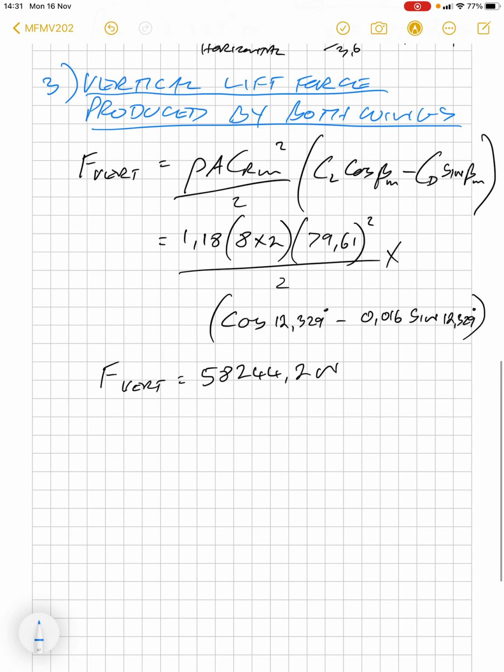Alright, so now we need to calculate the horizontal drag force produced by both wings.